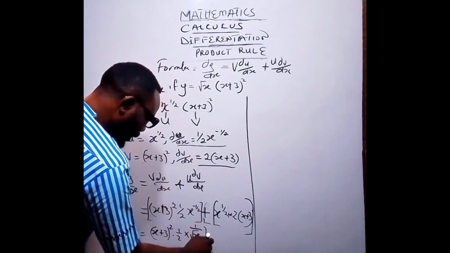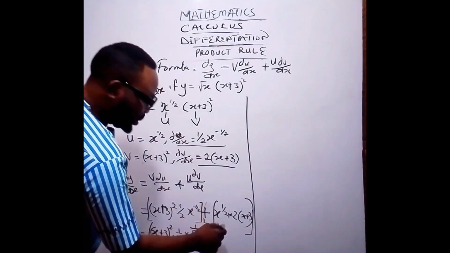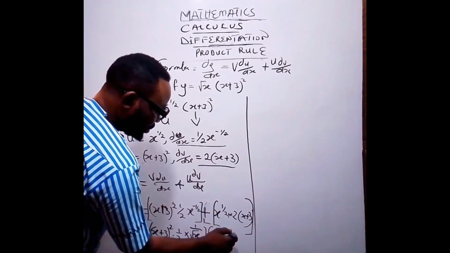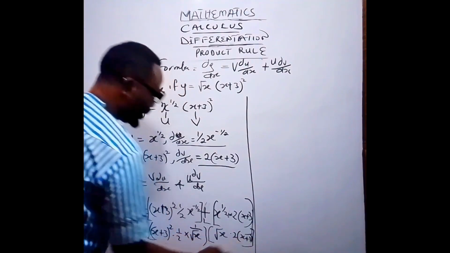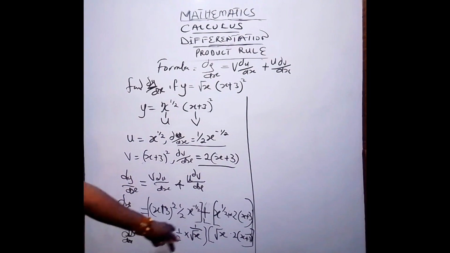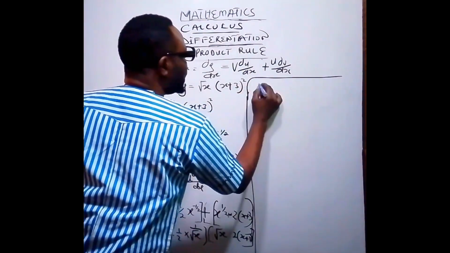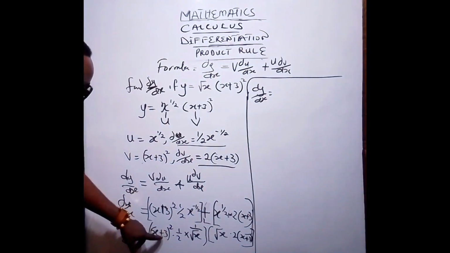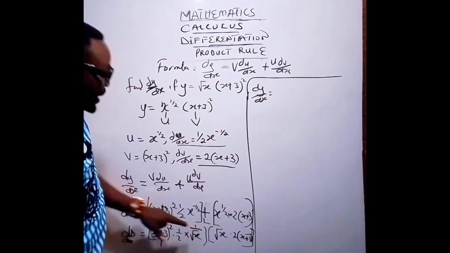Then this one will be equal to root x multiplied by 2 into bracket x plus 3. So we are having this here, which means we can now expand this to be equal to (x plus 3) squared over, multiply by 1, multiply by 1.